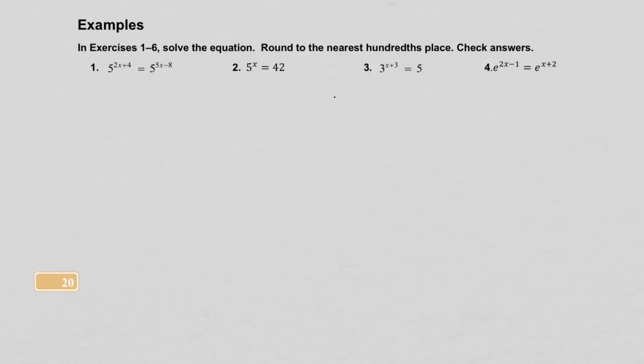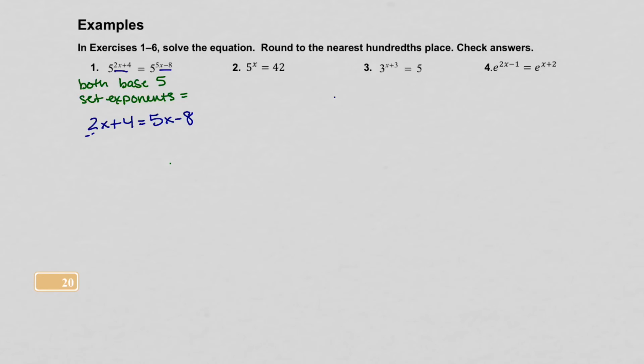So when I look at this, the first thing I notice is that both have a base of 5, so I can set my exponents equal. Okay, so that's my note to myself. That's me talking about what strategy I'm going to use to solve this problem. So I look at my exponents and I say, okay, well, 2x plus 4 must be equal to 5x minus 8.